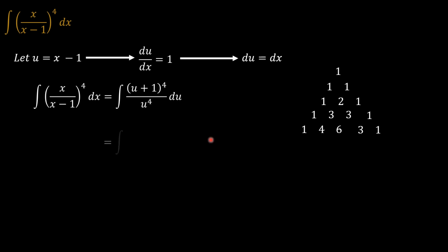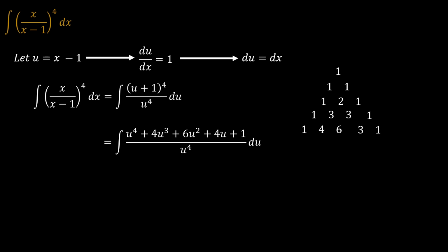So what we can now get from (u plus 1) to the power 4 is, for the coefficient 1, u to the power 4, for coefficient 4, 4 times u to the power 3 times 1 to the power 1, and since 1 to any power is 1, we'll just not bother about that, and then 6 times u squared, sorry, this is 4 here.